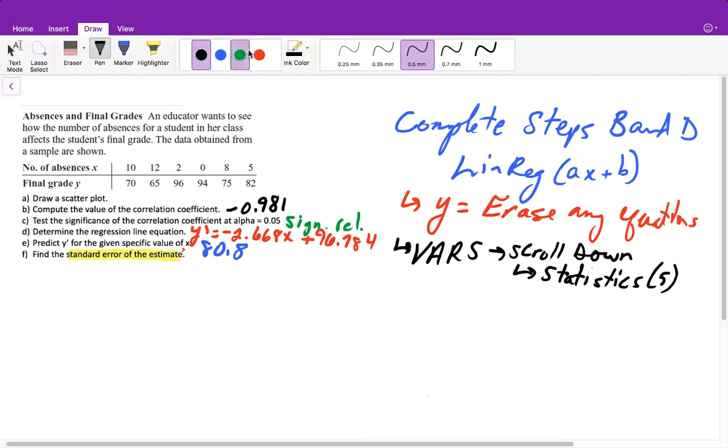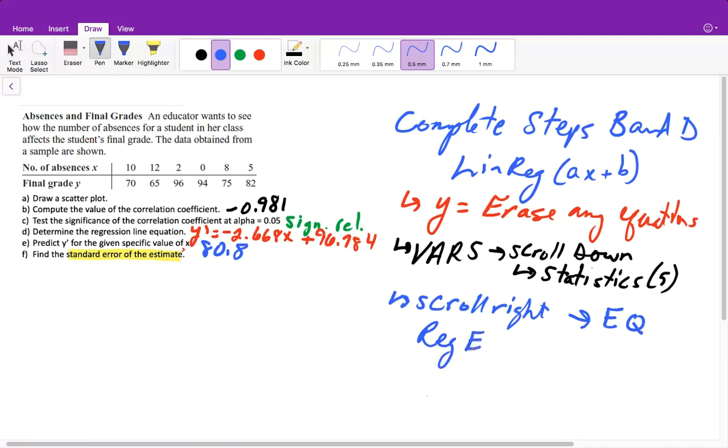Then you will scroll right to EQ, that's equations. And your very first option is regression equation. That is what we solved for here. So when you press that, it will put the equation into your y is equal to. It'll give you this into your y is equal to, but all of the decimal values. It won't round.